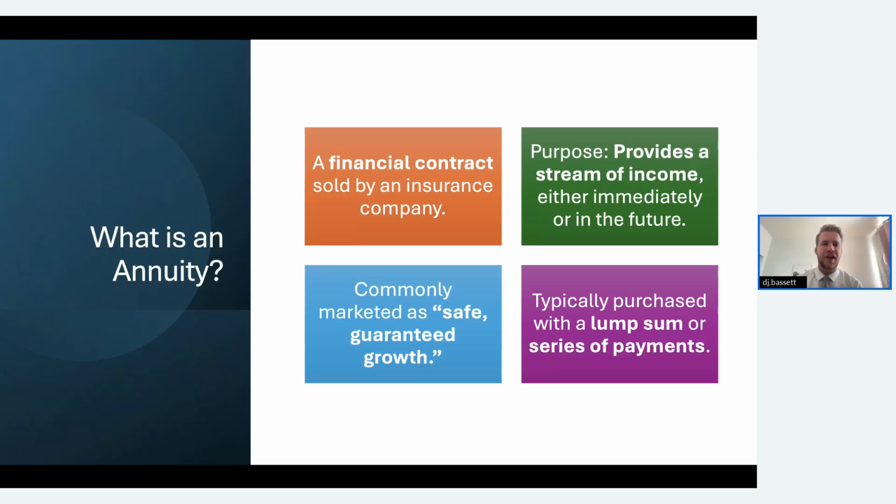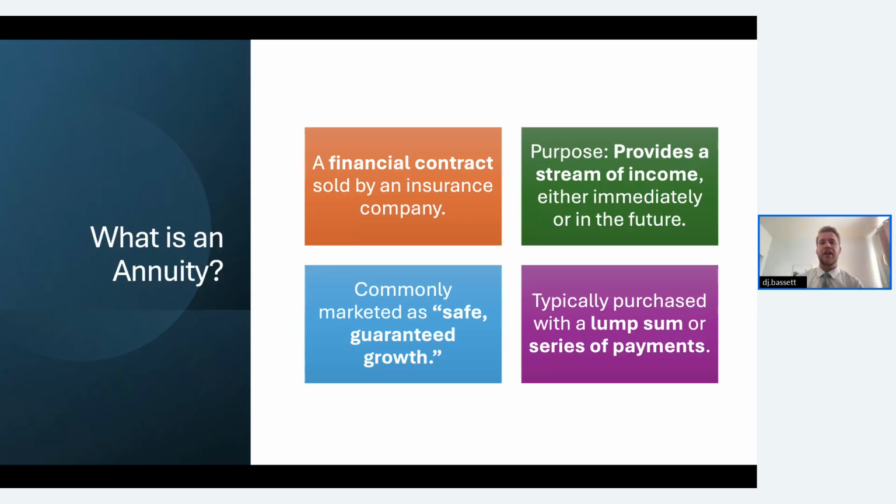Anyways, I thought we'd start with talking about what an annuity is. Later on in the presentation, we'll go through a couple of the basic types of annuities, although there's a lot of variables that come into the different types and the add-ons to the annuities. But at its simplest form, an annuity is a financial contract sold by an insurance company.